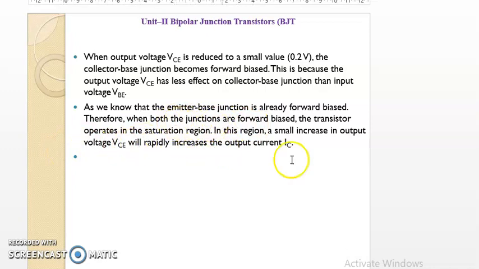Remember, in the saturation region, a small increase in output voltage VCE causes a rapid increase in output current IC.